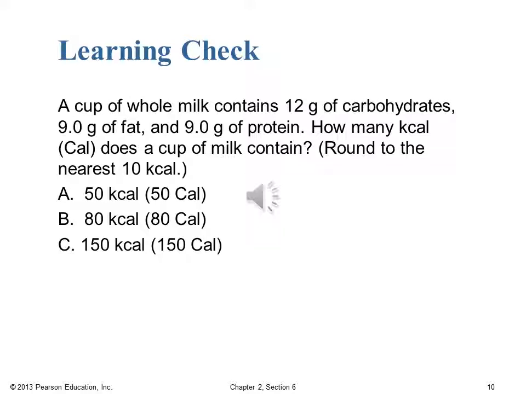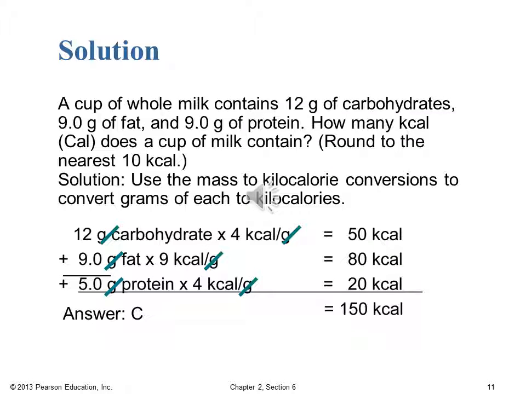Okay, so this relied on you remembering back a few slides ago that fats had 9 kcals per gram of heat energy, and carbohydrates and proteins each had 4 kcals per gram, so that you could figure out for each of those components how many kilocalories would be stored in that food.